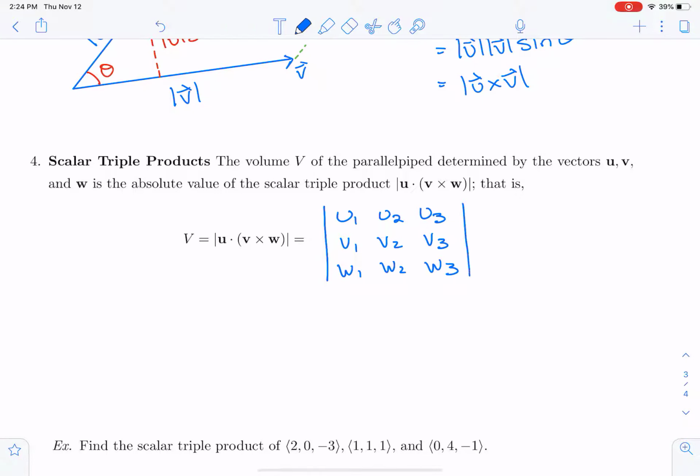So I'm doing v cross w, and normally you would have here i, j, and k.